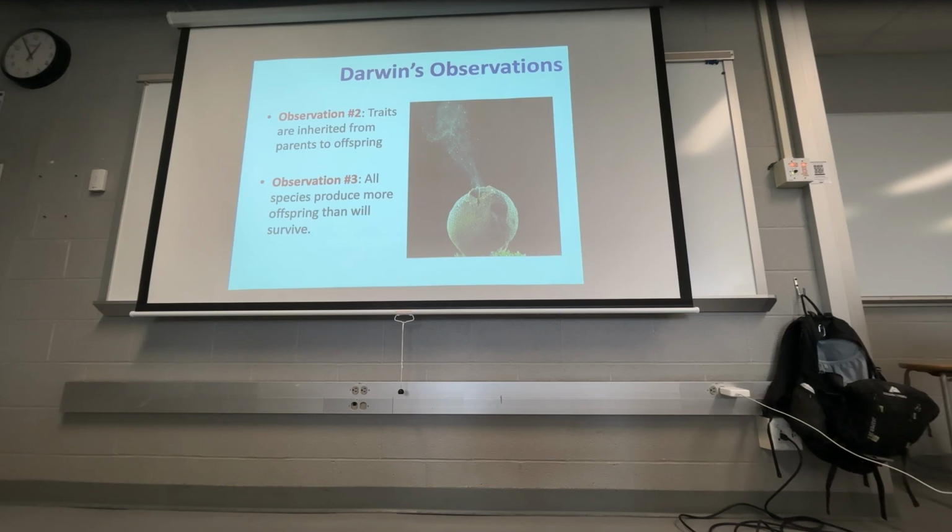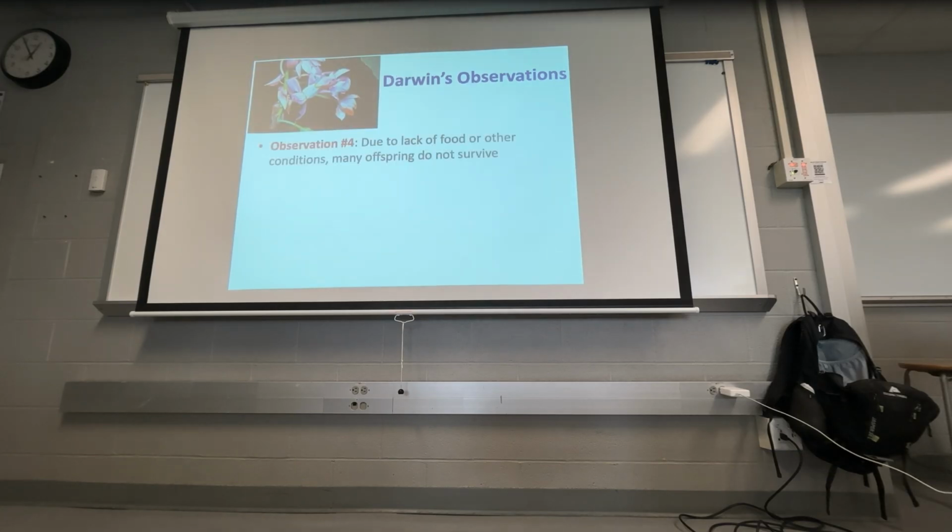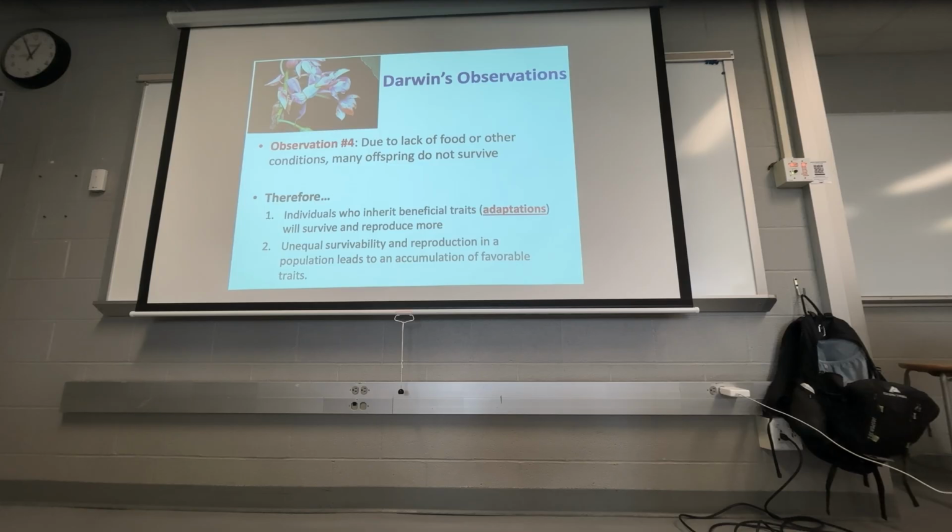Even elephants, even though they only reproduce every 2 to 3 years, can produce a population over time that will be larger than its resources. Number 4, due to the lack of food or other resources, many of those offspring will die eventually, right? So not every offspring born into a population of organisms will survive.